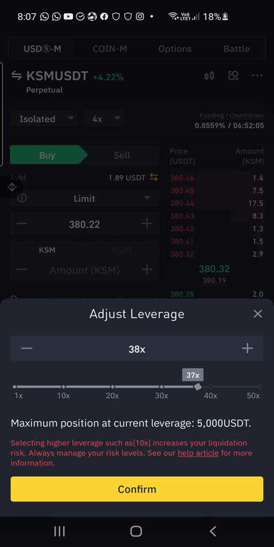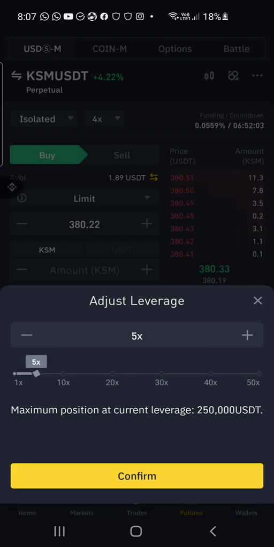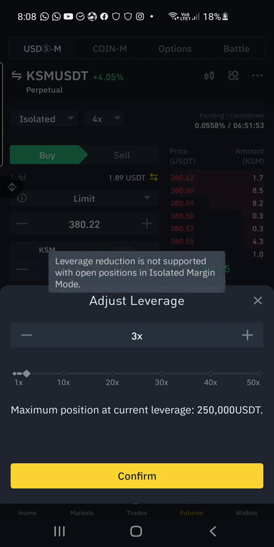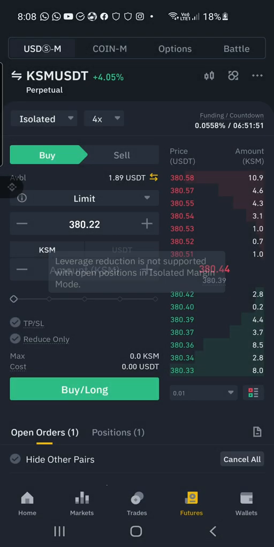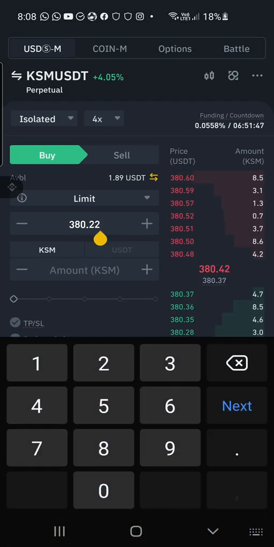So this is basically, just to put it as simple as I can, this multiplies your winnings, but it also multiplies your losses. So let's say this coin is for $380.